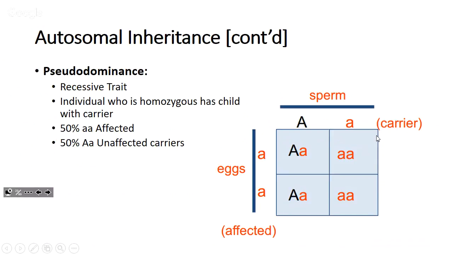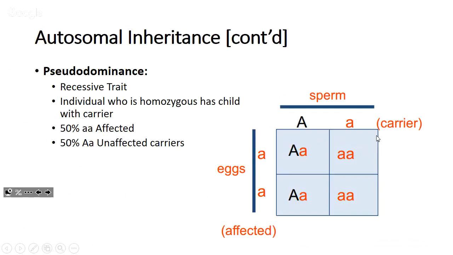Now, something that confused Mendel and people that study genetics in general is this thing called pseudodominance, which means that when you get a homozygote and a carrier and you breed them together, you're actually going to get mighty confused about what the dominant and the recessive traits are. So it's important that you use your Punnett squares to figure this stuff out so you're not sucked into this mistake.